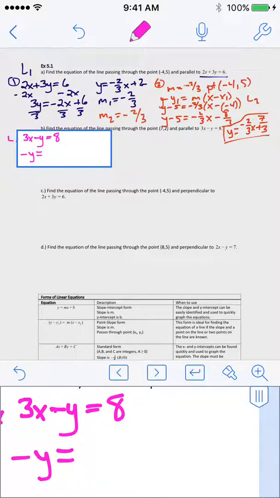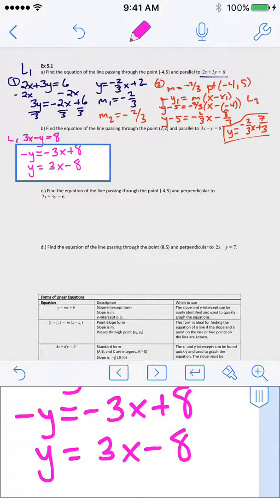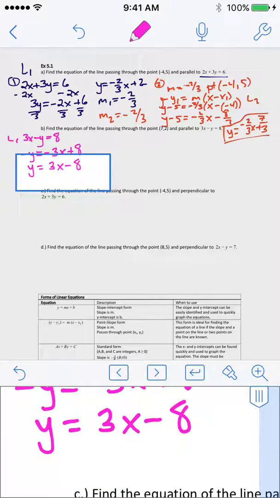Negative y is equal to negative 3x plus 8. Subtract the x over, then divide everything by a negative so that y is positive. You get y equals 3x minus 8. So my slope here is equal to 3.